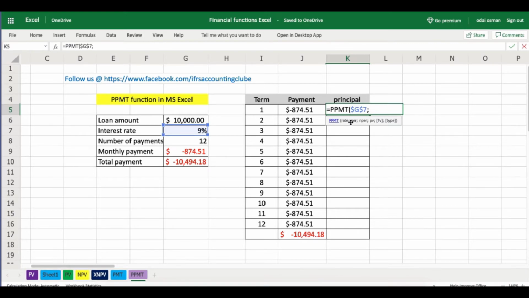period. Here we have the period at cell 1, year 1. The period is at year 1. Then comma, the number of payments, we have 12 payments, meaning dollar sign J, dollar sign on cell 8, comma again.